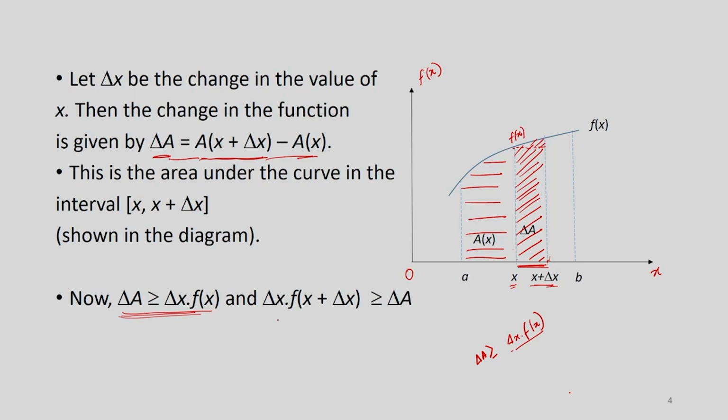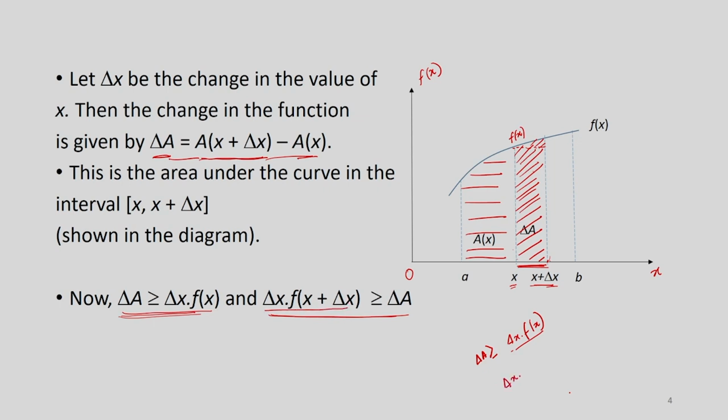Okay. And you have another, similar relationship I should say, which is saying that delta x multiplied by f of x plus delta x is greater than or equal to delta A. And this is similar in the sense that, concentrate on the left hand side expression.